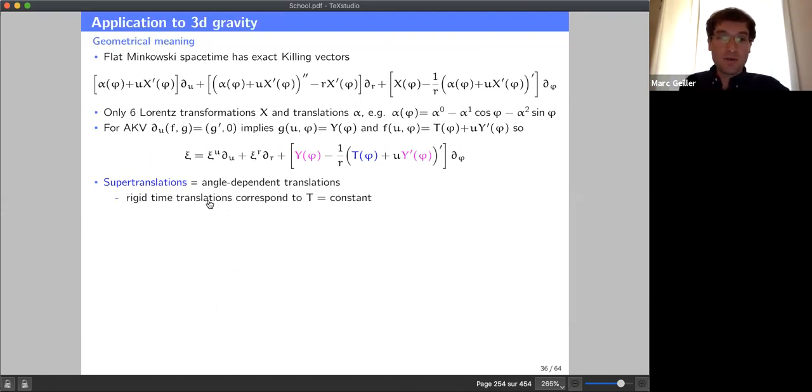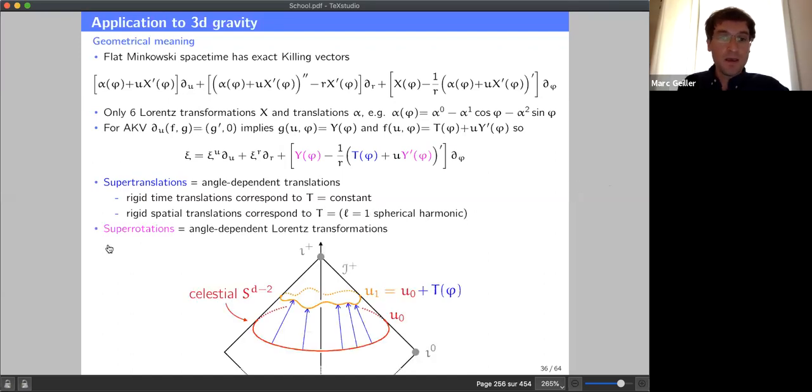By the way, if we just go back, a rigid time translation, so the Poincaré isometries, corresponds to T being constant. And the rigid spatial translations, there are 2 of them, correspond to the first spherical harmonics. And the super rotations, by analogy, denote angle-dependent Lorentz transformations.